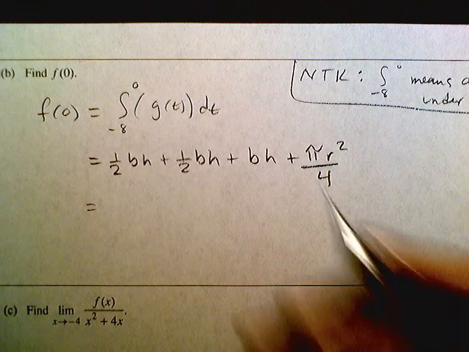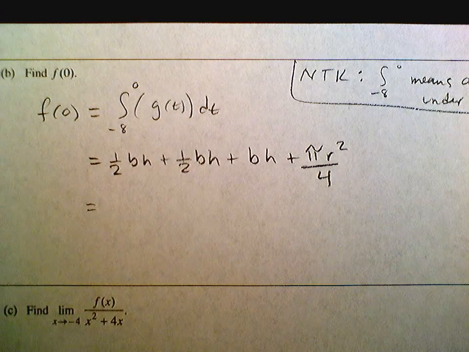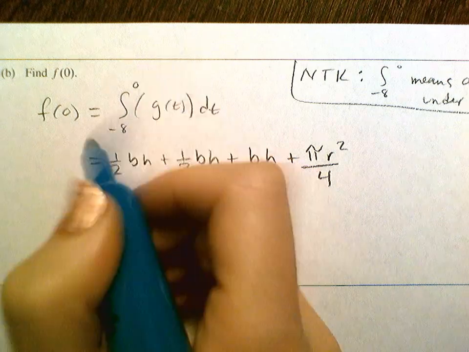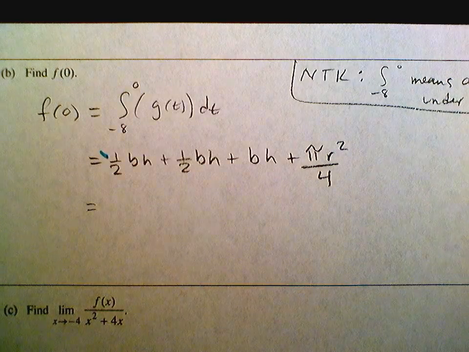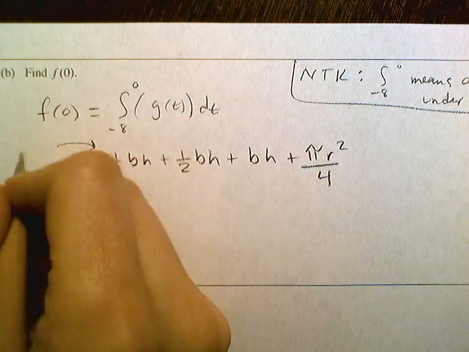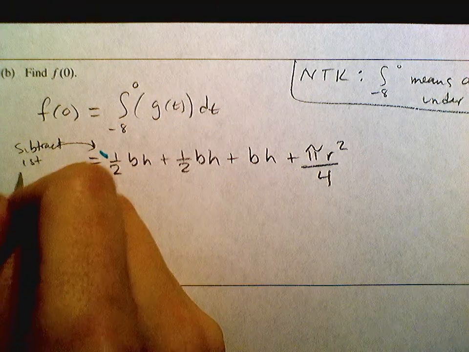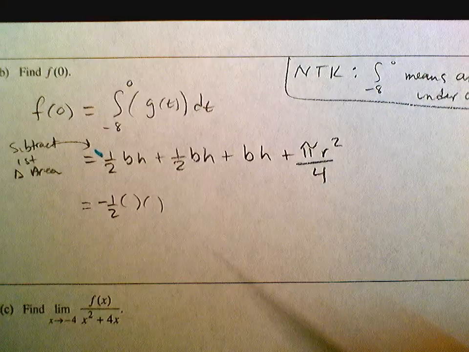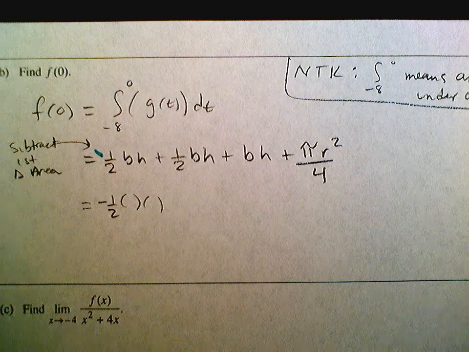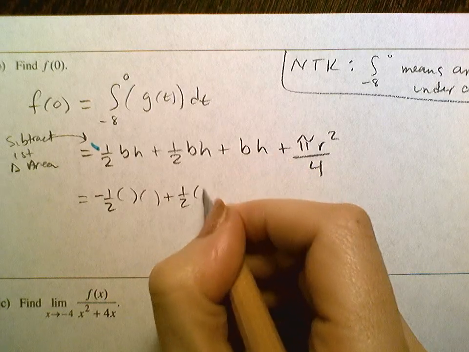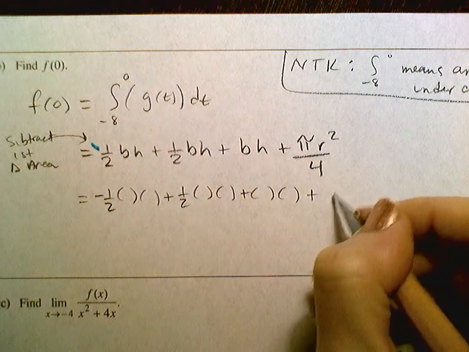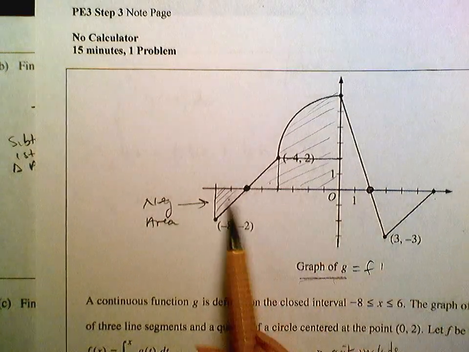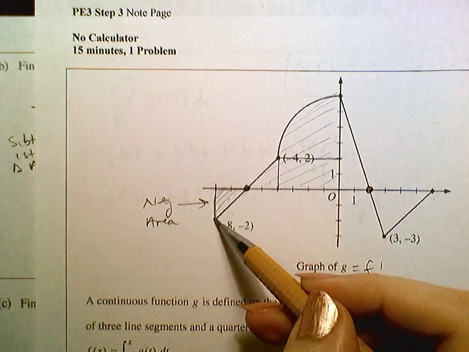Oh, but actually, this will be a -1. The first triangle is going to be, we're going to be subtracting its area. First triangle: base is 2, height is 2.